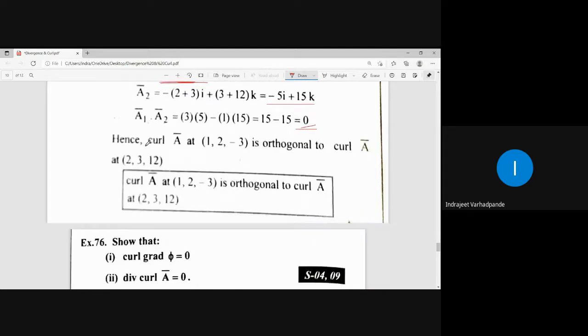A1 dot A2 सॉल्व करके अगर आंसर 0 आता है, I say that curl A bar at point this is orthogonal to curl at point this, and hence dot product is equal to 0, means angle is 90 degree, and the surfaces or the vectors are orthogonal to each other. So this is one of the kind of example wherein you are exposed to the word orthogonal and about the orthogonality of the given vectors.